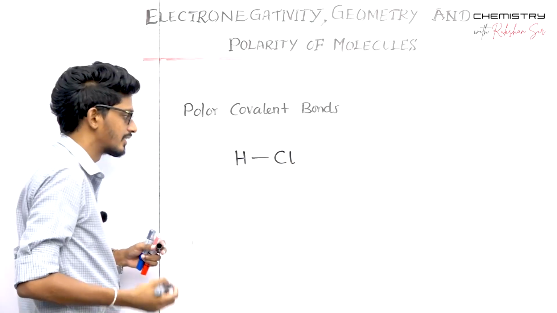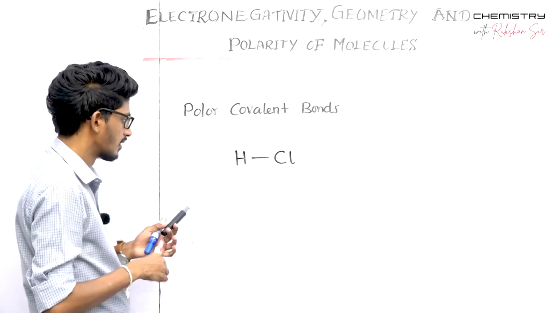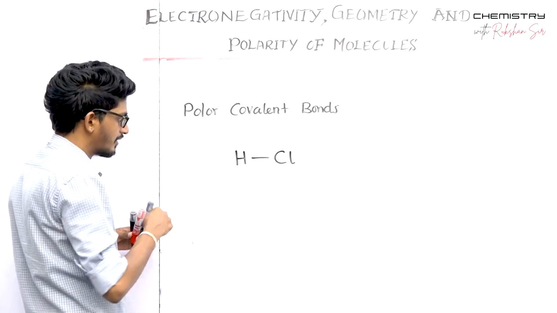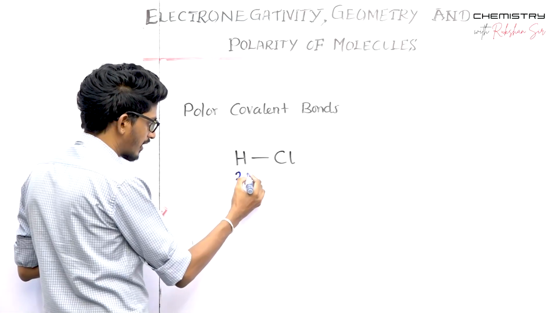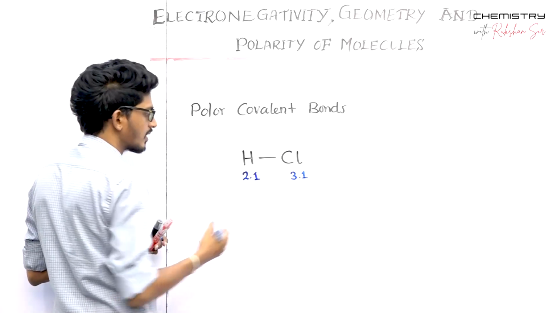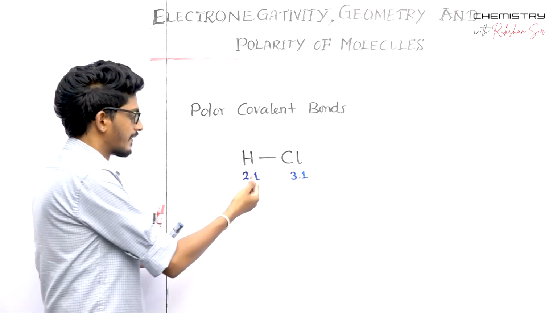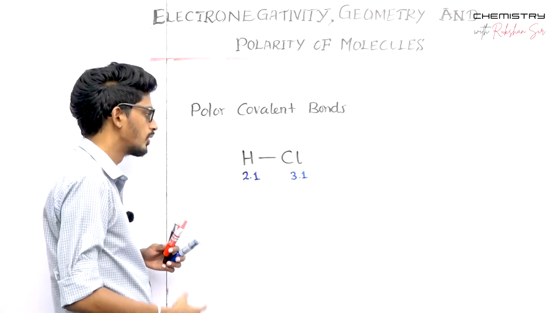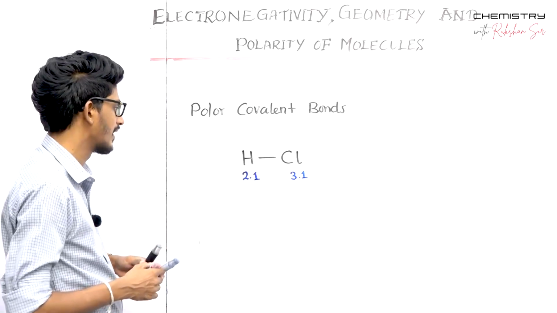As an example, let's take HCl. The electronegativity of hydrogen is 2.1, and the electronegativity of chlorine is 3.1. So the two atoms have two different electronegativities. What will happen?